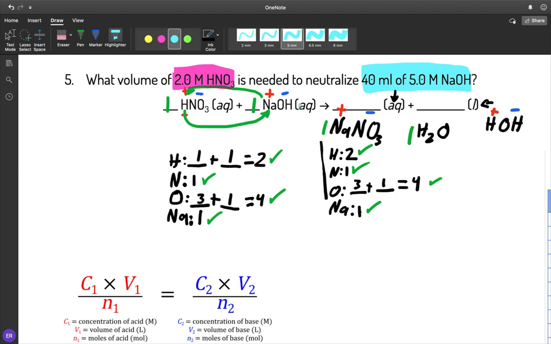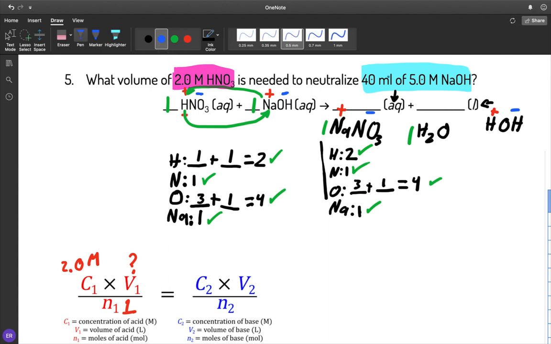And of course, because we have our balanced equation, we also have our numbers of moles. Okay. So for our acid, we only have C1, which is 2.0 molar. Our V1 is unknown, and our moles is 1.